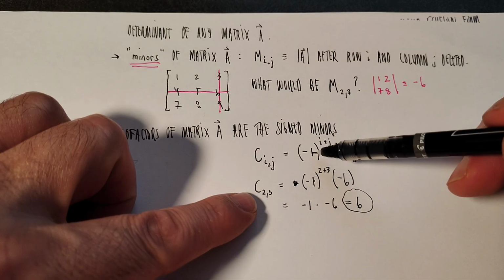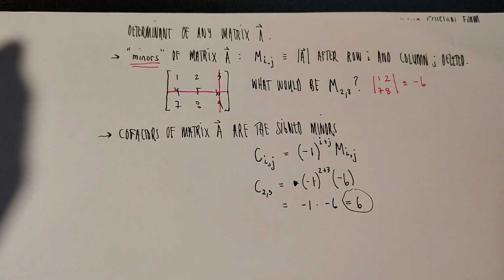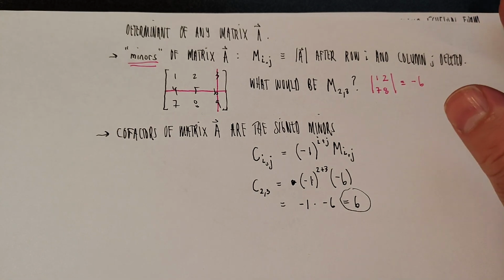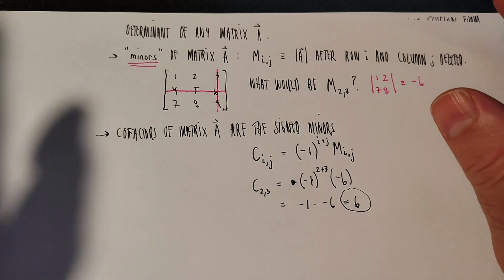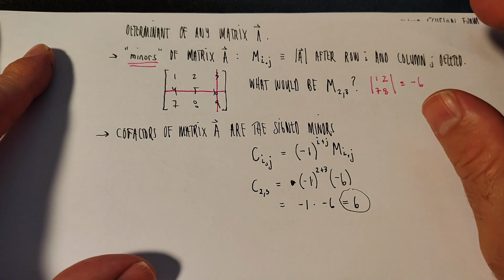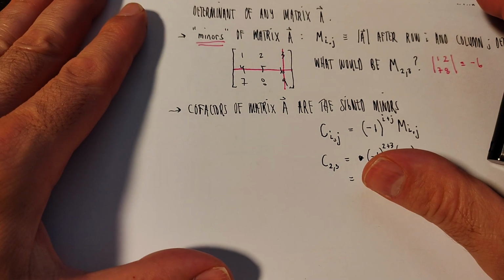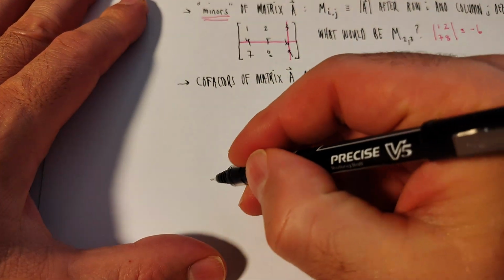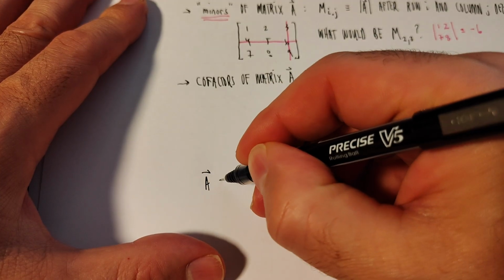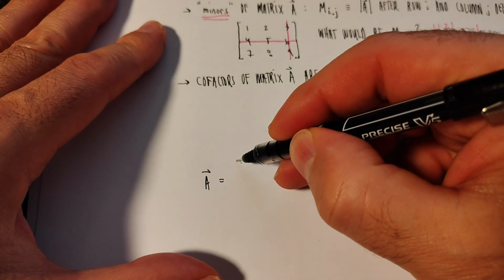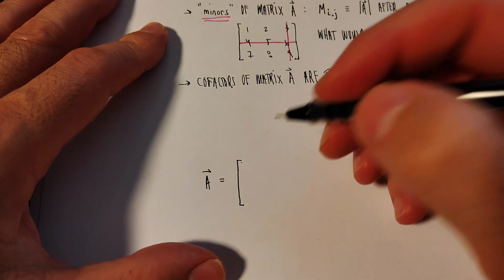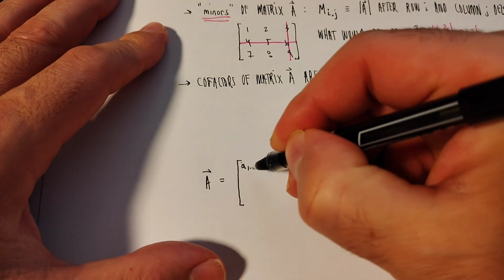So we have to make sure that we know what the sign is when we're doing the cofactors, because for the 3 by 3 case, the matrix, which again, if you remember what I called it, the adjoint matrix, is going to be a matrix of cofactors, right? So we have essentially the determinant of A. So let's say A is equal to just some generalized n by n matrix.